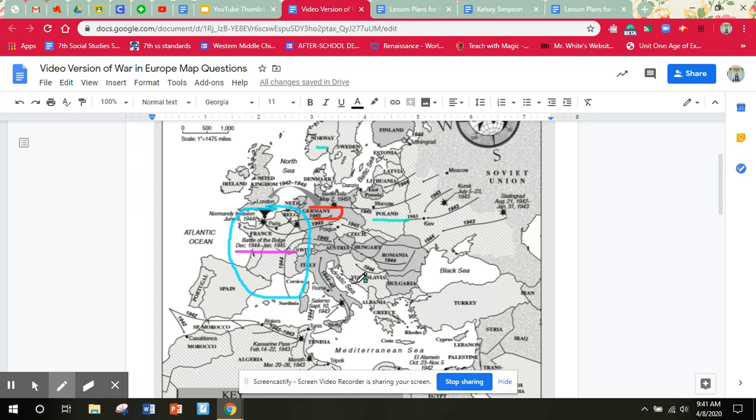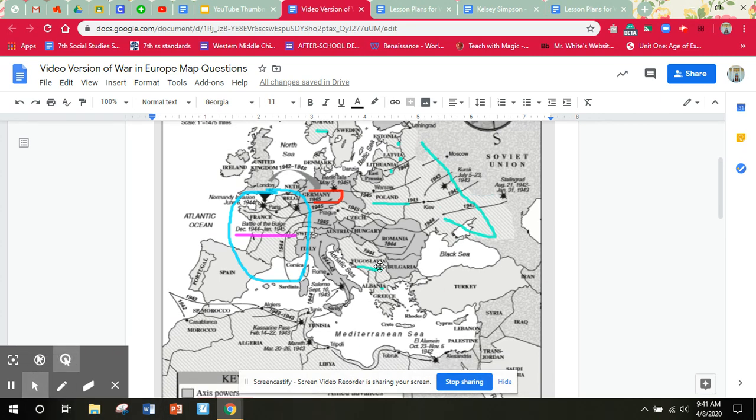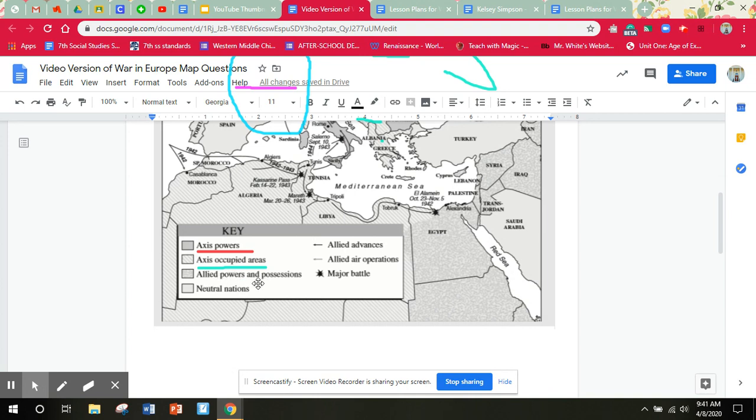We've got Poland, Yugoslavia. We've got some parts of the Soviet Union that are Axis occupied. Estonia, Latvia, Lithuania. Greece. All of these are Axis occupied areas. Then we're going to scroll back down.